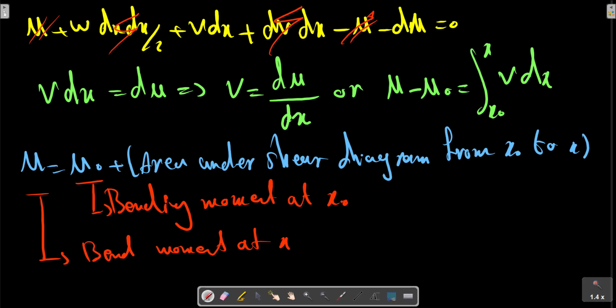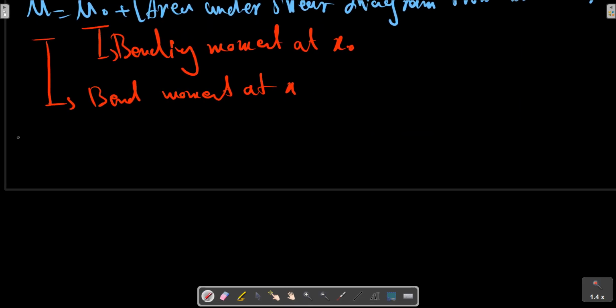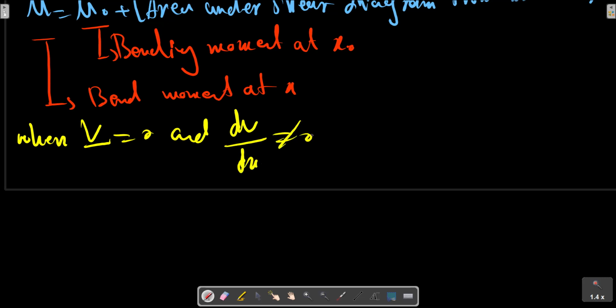When V passes through 0 and is a continuous function of x, with dV over dx negative, the bending moment will be at a maximum or minimum.